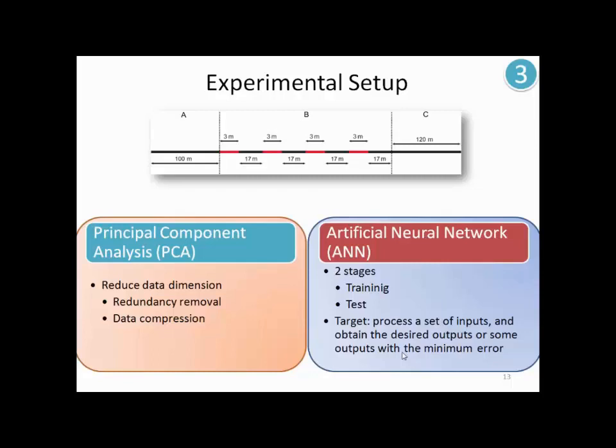It's an automatic spring in order to produce the strain in the fiber. After we obtain all the data, we proceed to apply principal component analysis in order to reduce the data dimension, and after that we use the artificial neural networks, first with the training stage and after with the test, in order to process all the inputs and try to obtain the desired output.